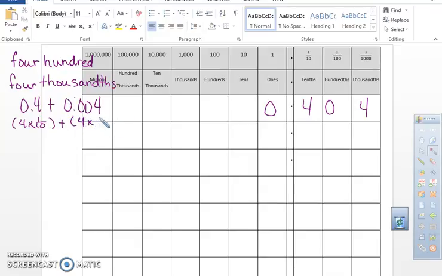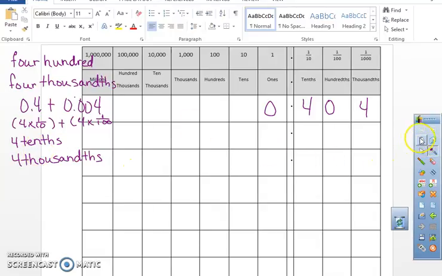Plus 4 times 1/1,000th. And if I wrote that in unit form, it would be 4 tenths and 4 thousandths. Okay, so I hope that's a little bit clearer to you.